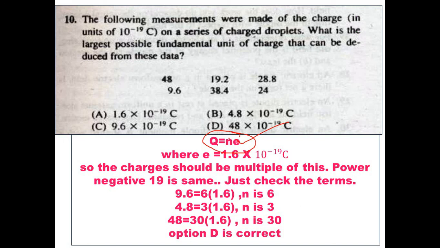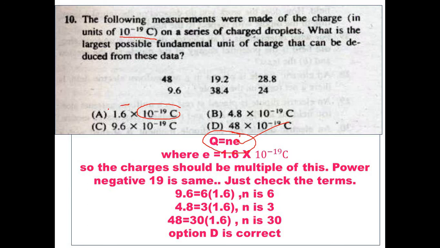So here you have to tell which one is the largest charge. All of these charges could be the multiple of what? Multiple of E. So 9.6 is 6 into 1.6. The power is the same, as it's also mentioned in the question, in units of 10 to the power minus 19.